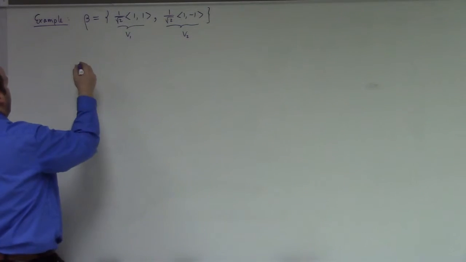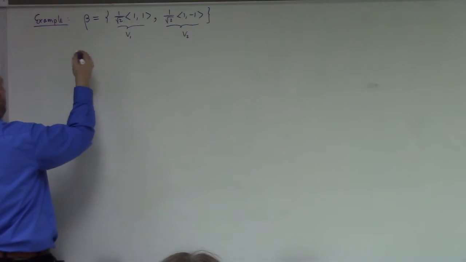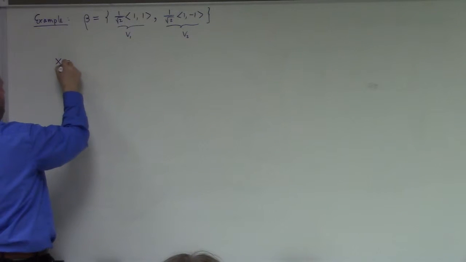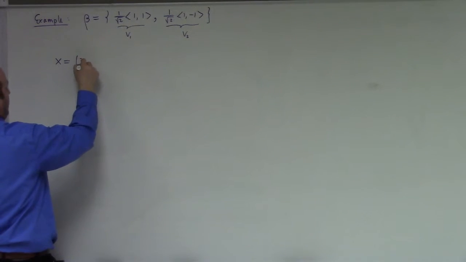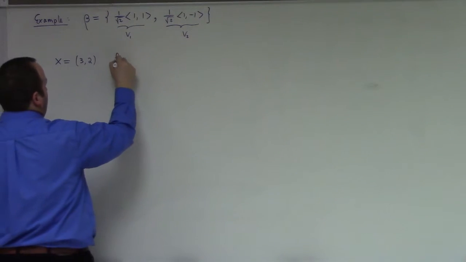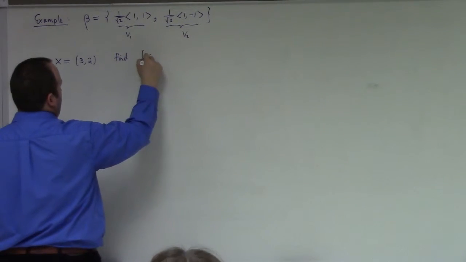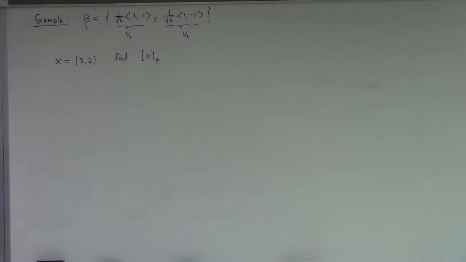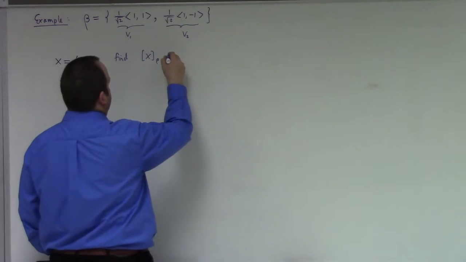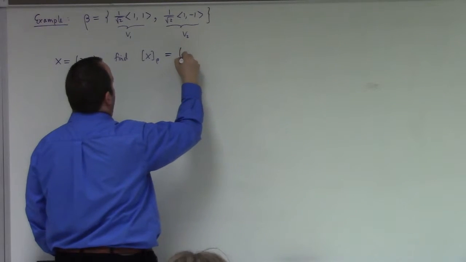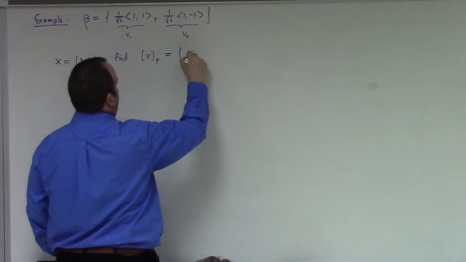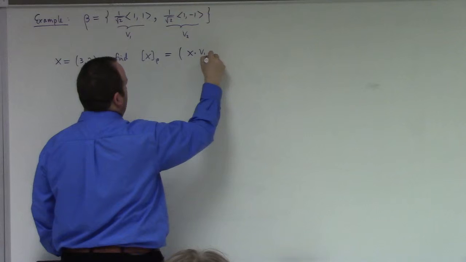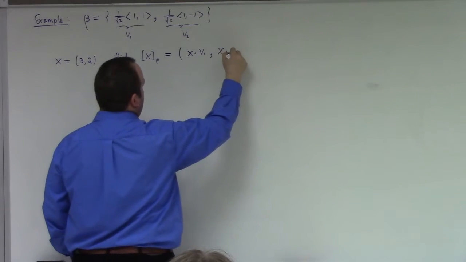So if I wanted to calculate, say x equals (3, 2), then find x in the basis beta, what do I do? You can just work it out. It's literally x dot v1, x dot v2.